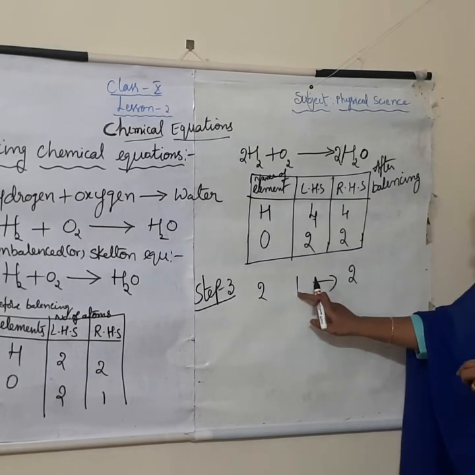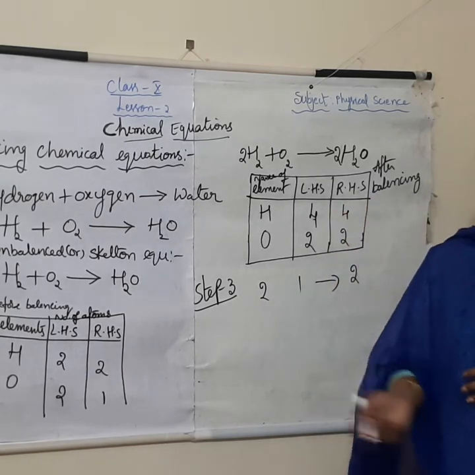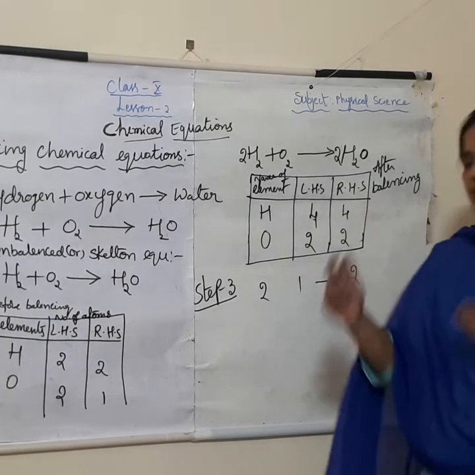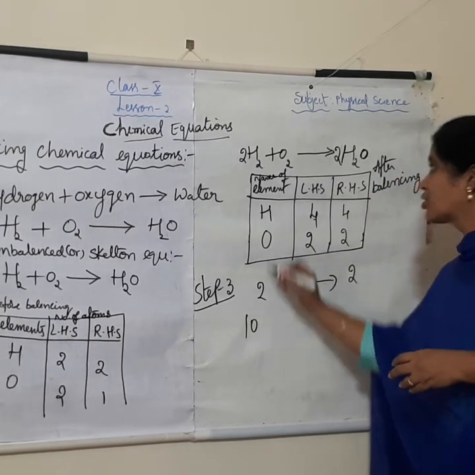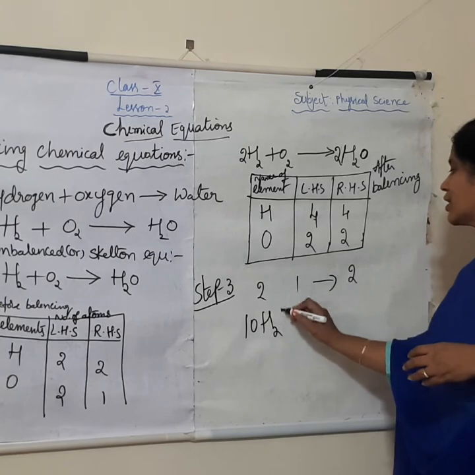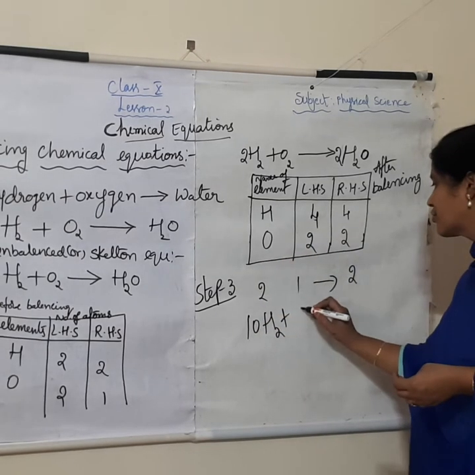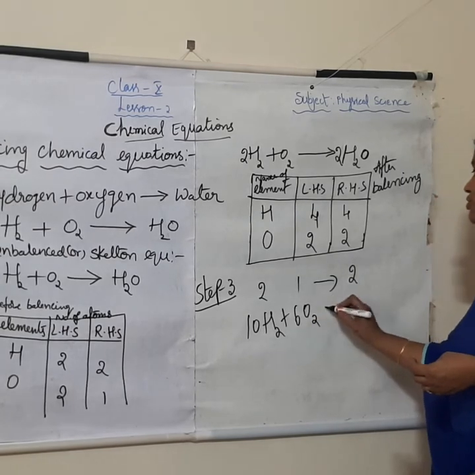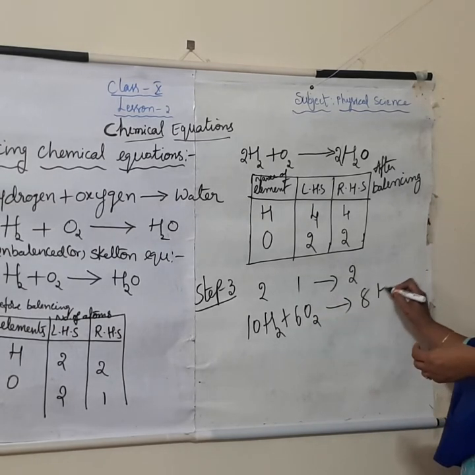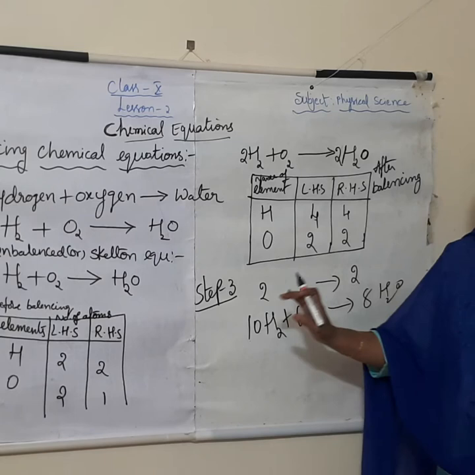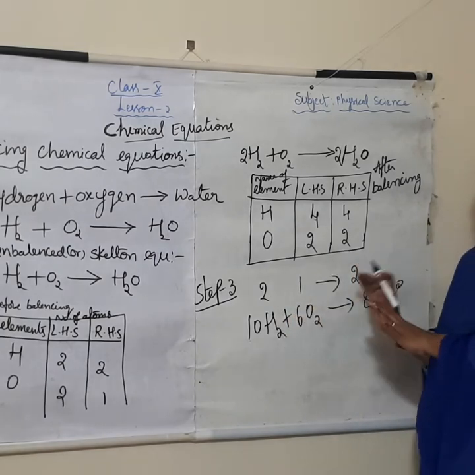This you cannot make into the short form, but sometimes you may get 10 molecules of hydrogen combining, and if you take 6 molecules of this, you will get 8 molecules of water. This is just a rough estimation.